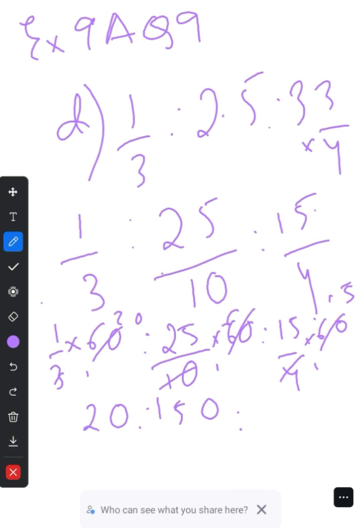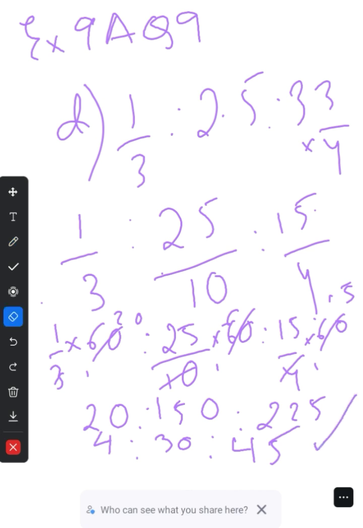Now I will be dividing each one of these with 5's table. 5 4s are 20, right? 5 3s are 15, 5 zeros are 0. So 5 into 30 is 150 and 5 into 45 is 225. This is going to be our final answer.